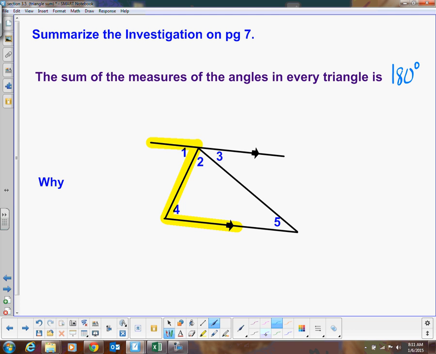A, Z. What kind of angles are these? Alternate interior, and I also heard congruent. And the reason why they're congruent is because the lines are parallel. All right, so let's trace the sides of angle 3 and the sides of angle 5.